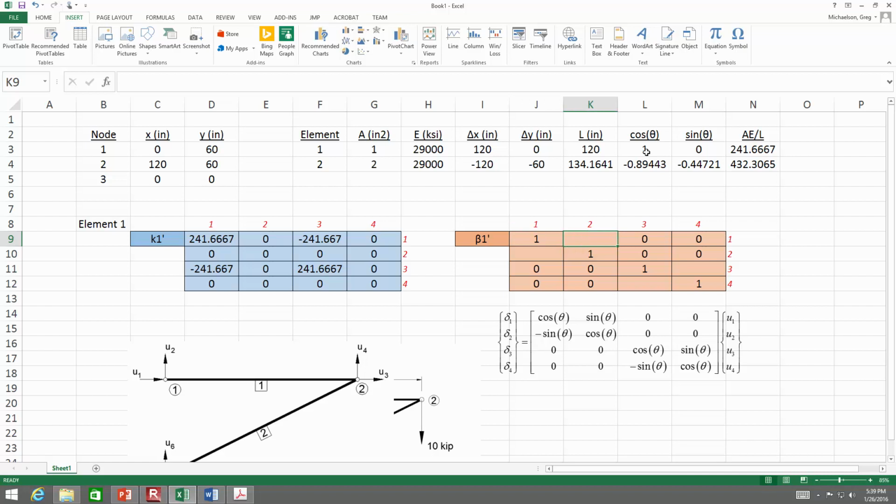Okay, so this term right here, the second column, first row, that is a positive sine. But this is a negative sine. Positive sine, negative sine. So we'll say equals the sine. Equals negative sine.